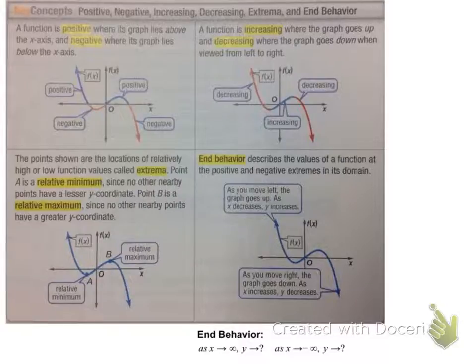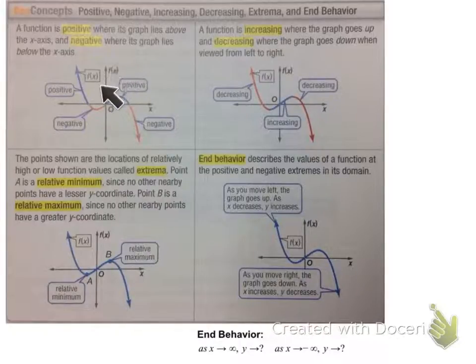The first box on the top left talks about where the graph is positive and where it is negative. The graph is considered positive where it's above the x-axis. Where are the values of y positive?